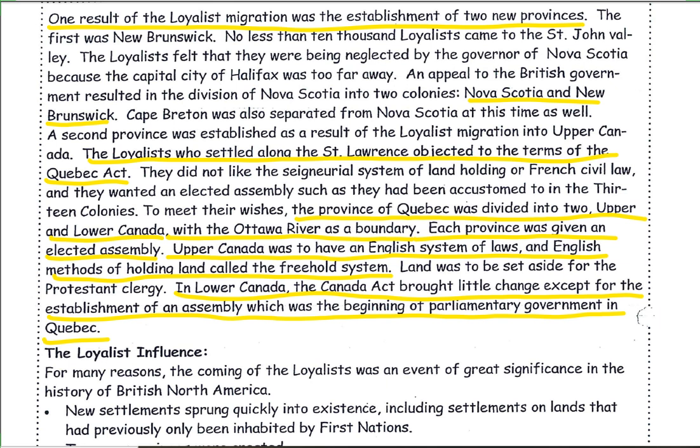The river split the land into 2 provinces. They each had their own government system. Upper Canada was the English ways of doing things, and Lower Canada was the more French way of doing things. But they did get their own parliamentary government in Quebec.